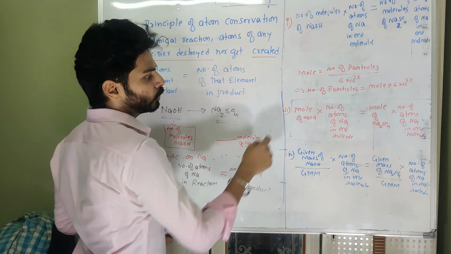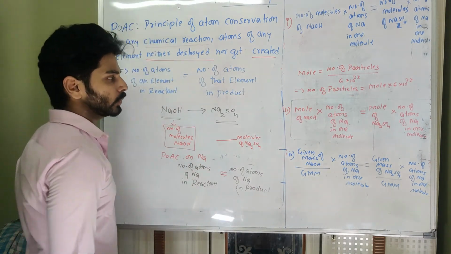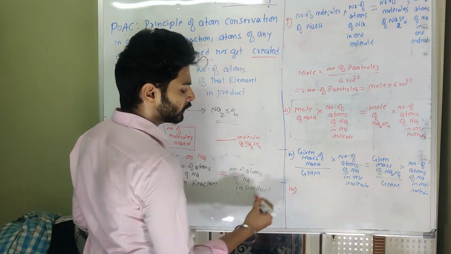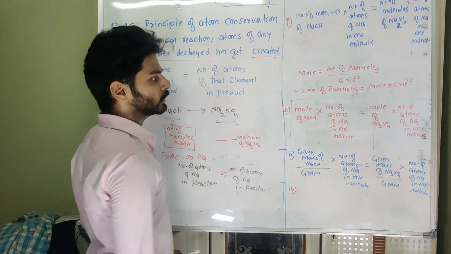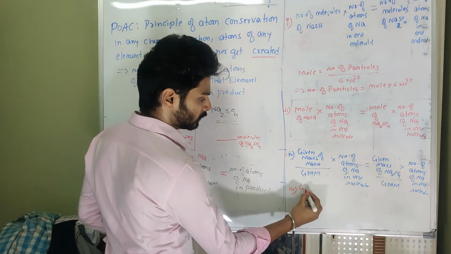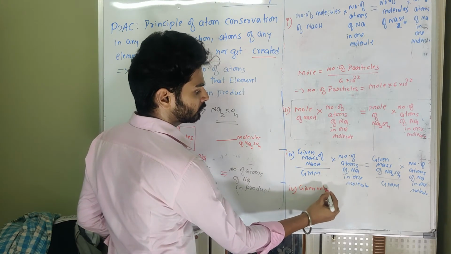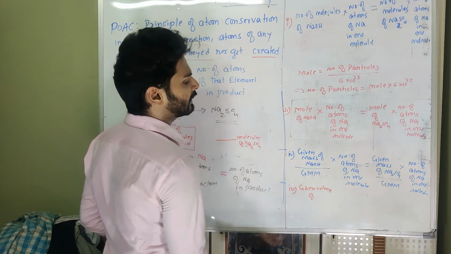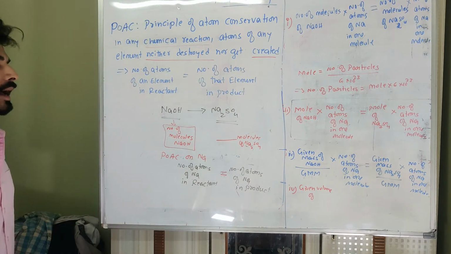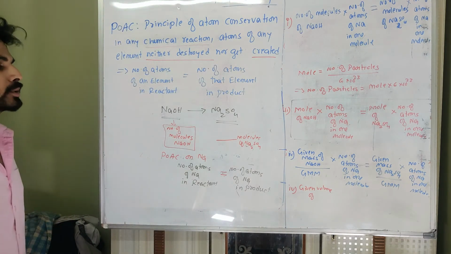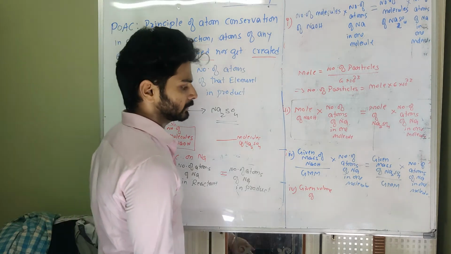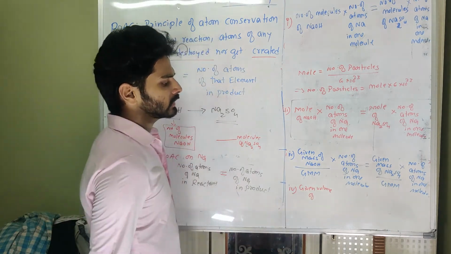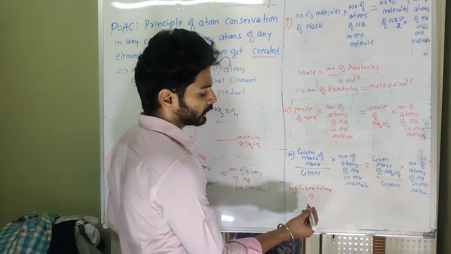Similarly, this mole can also be written as, we know, mole is equal to given volume of gas. In this case NaOH is solid or solution, and Na2SO4 is also solid, so we cannot apply this, the third one; we can only apply it for volume of gases.